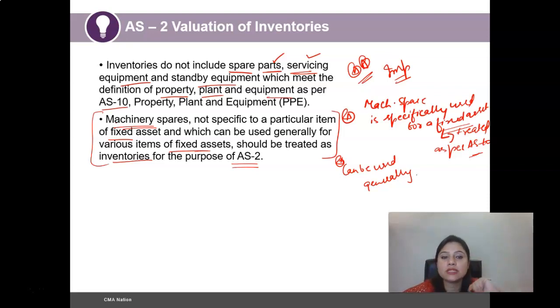Since it cannot be used specifically or dedicated to the cost of a particular fixed item, then such machinery spare, which is used generally for various items of the fixed assets, will be treated as inventories for the purpose of AS2. So this is an exception to the above point.